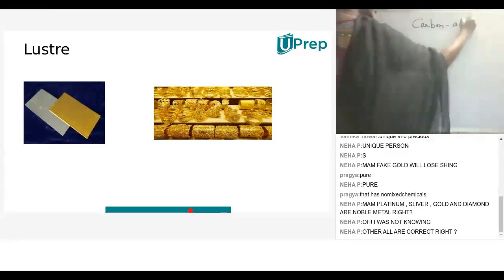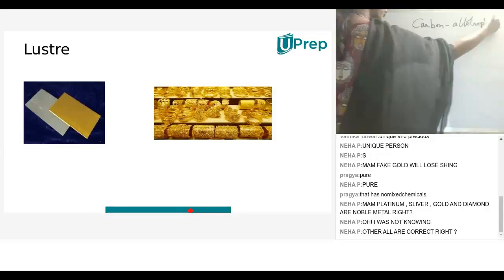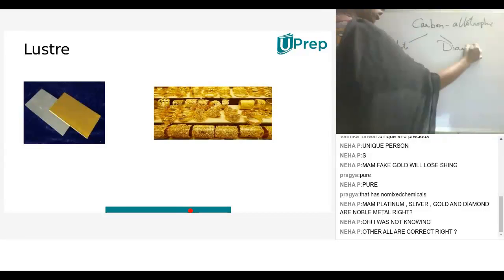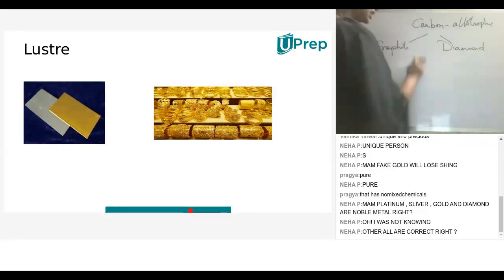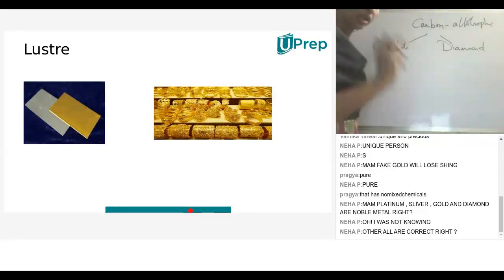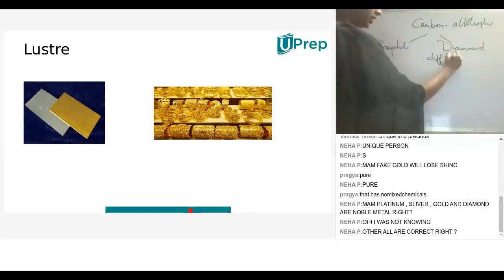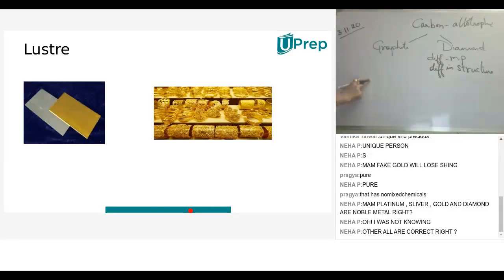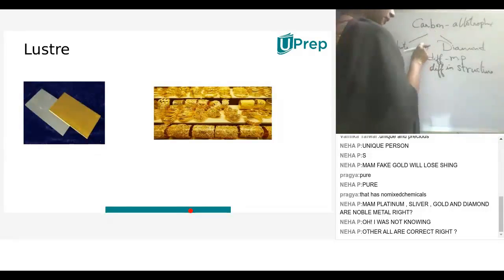Carbon allotropes have the same properties. So, graphite and diamond. If you want to learn the properties of diamond, they are exactly similar to carbon. Only the melting point and the structure differ.